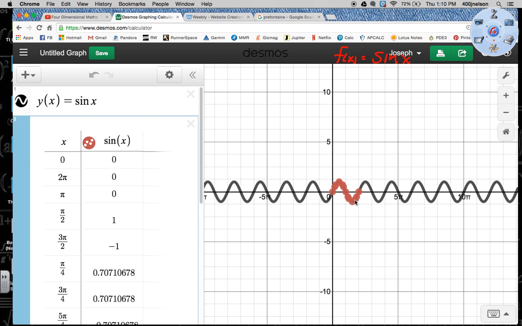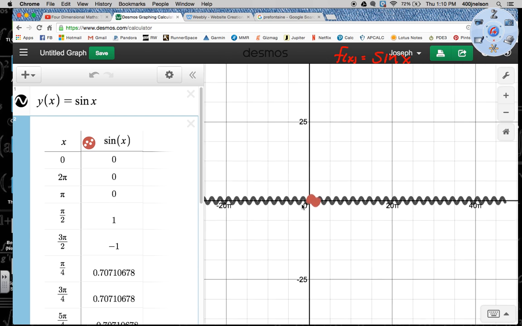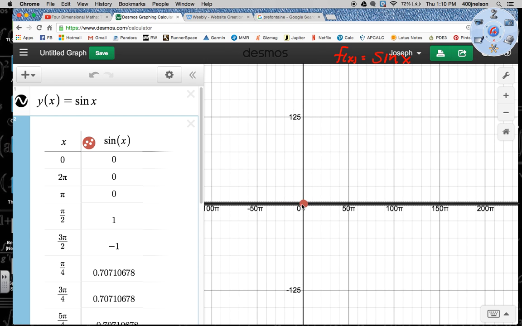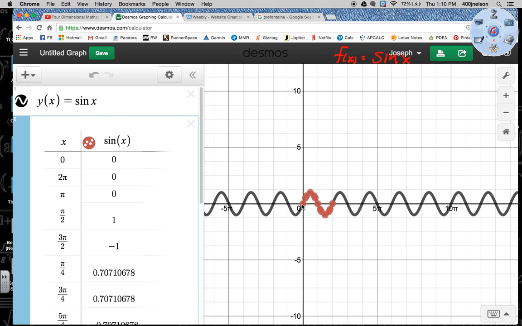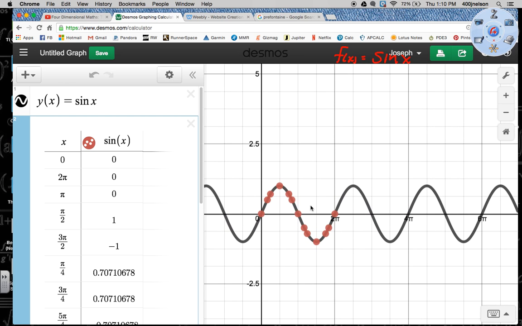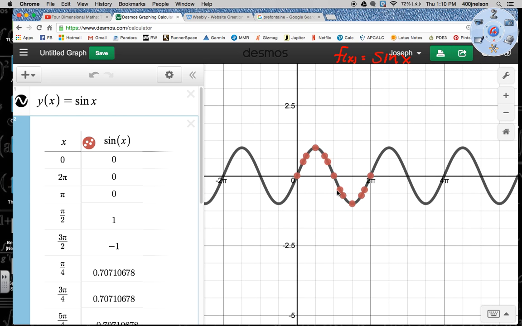It's actually kind of nice how those little red dots are creating that curve now, because we call this one full period of the function. This little section in red gets repeated again here, then again here, and again here, and forever and ever. The farther you zoom out, it just continues, and it will go forever. And since it goes forever, the domain is all real numbers. That's something we'll discuss here on the PowerPoint in just a second.